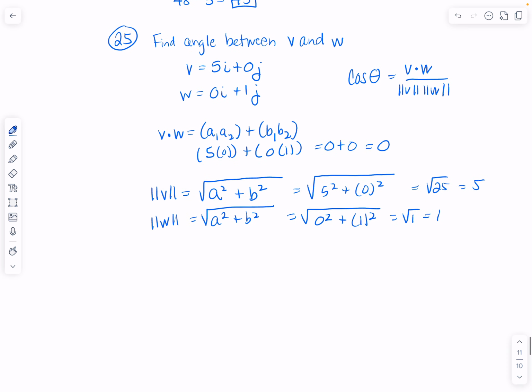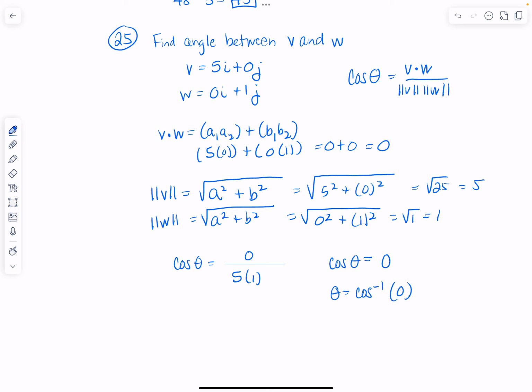Okay, now I'm ready to put the pieces together. So cosine theta equals, now I found the dot product from up above, which was 0. The magnitude of v is 5 times the magnitude of w, which is 1. So cosine theta equals 0. If you want to solve for theta, you have to take the inverse cosine of that.